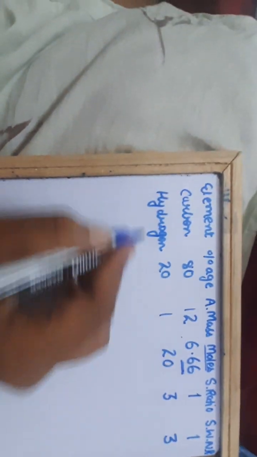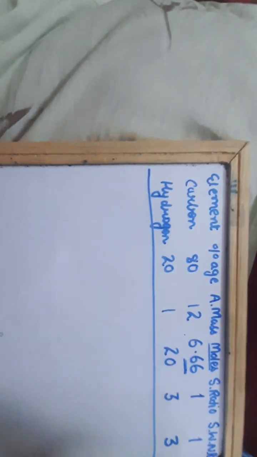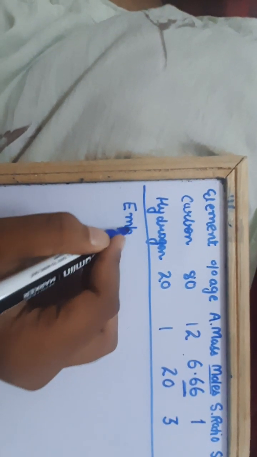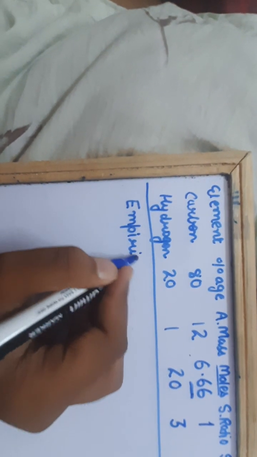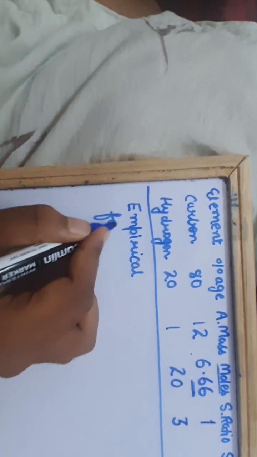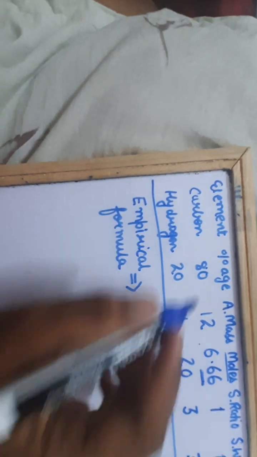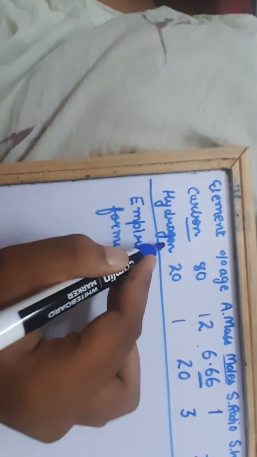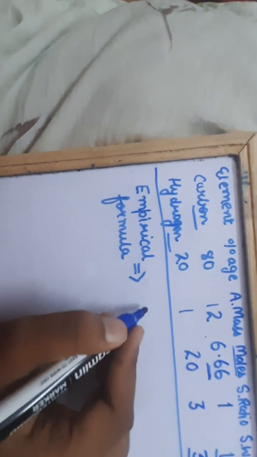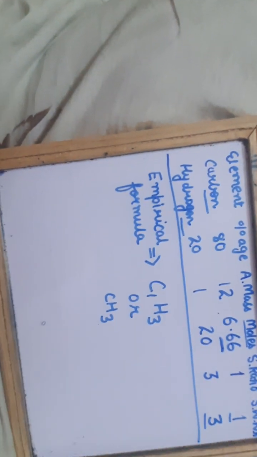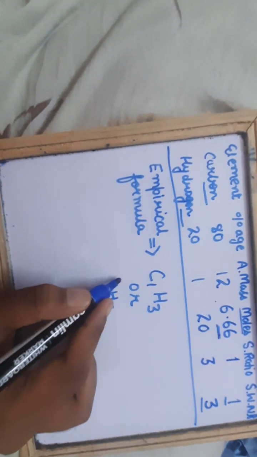Now we get the empirical formula as C1H3, which can also be written as CH3. So we have found out the empirical formula.